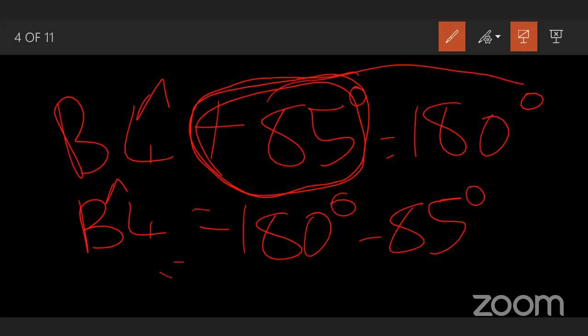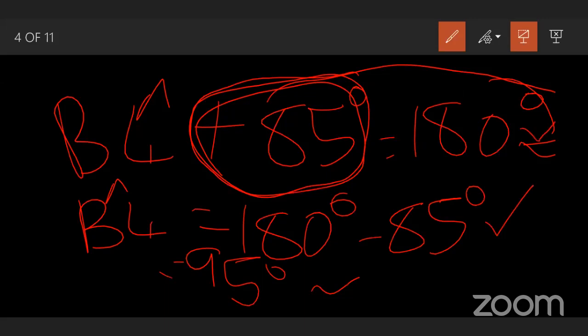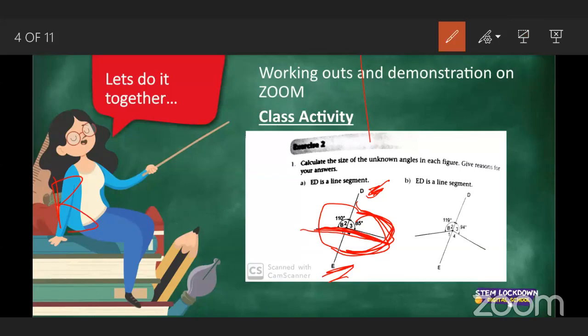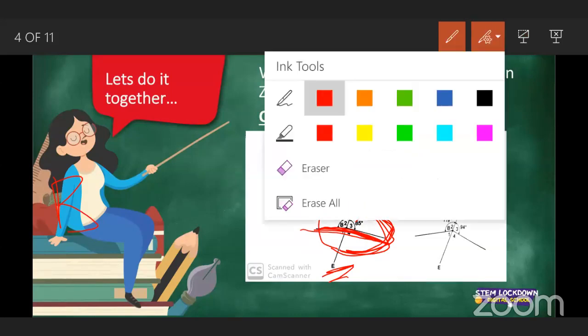So when it moves to this side, it will turn to subtraction, which is negative. So we'll have 180 minus 85 degrees. Our angle B4 will be 95 degrees, right? Perfect. And those are our 3 marks. Okay, so let's move on to the second one. Let's erase this.